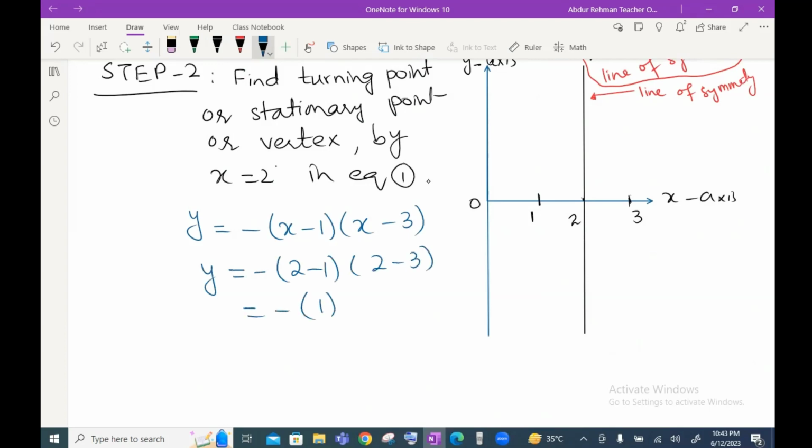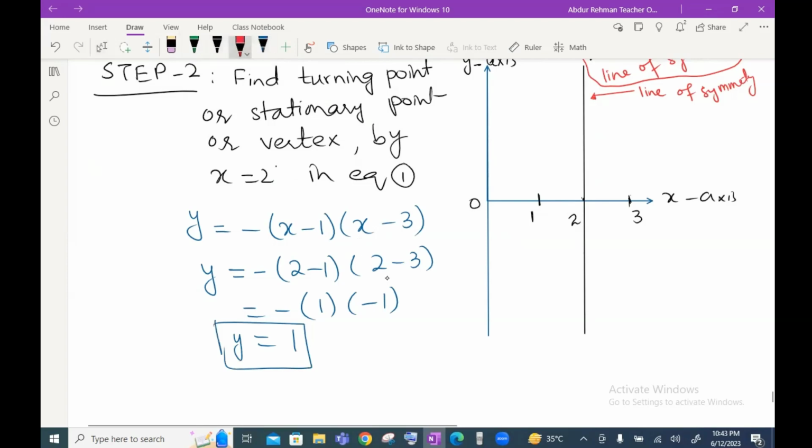Minus 2 minus 1 is 1, and 2 minus 3 is minus 1. So y equals positive 1 here. This is minus times minus, and minus minus plus, plus 1 here. y equals 1 is the y coordinate of the turning point or stationary point here.